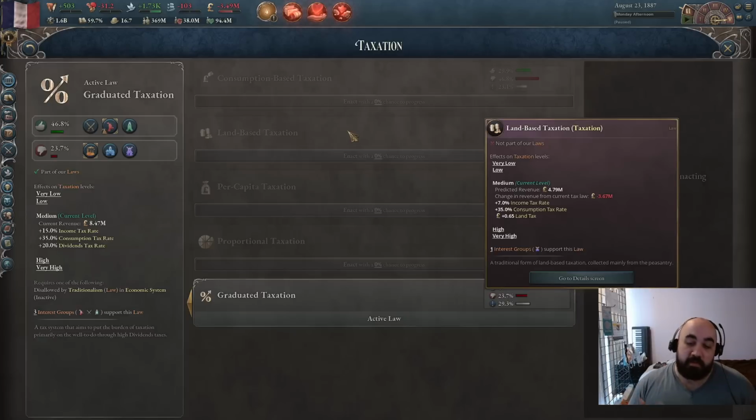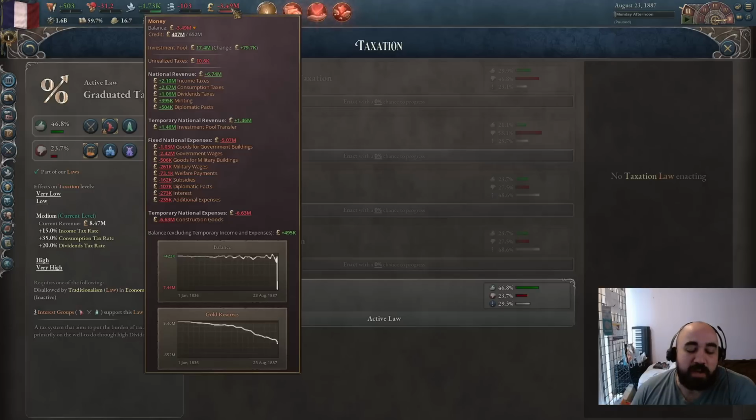Now, evaluating the other 4, we want to consider it through the lens of we are trying to tax the rich as much as possible, and so you notice there's this change in revenue number. This is not the be-all, end-all in terms of which tax method is best, because remember, we're not just trying to extract as much as possible, we're trying to extract money in an efficient way as it relates to standard of living.